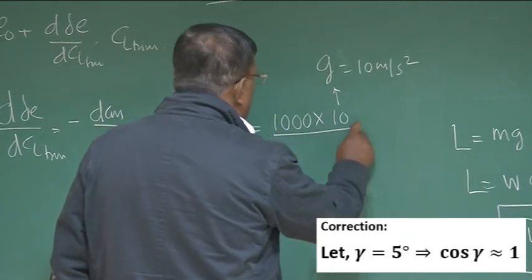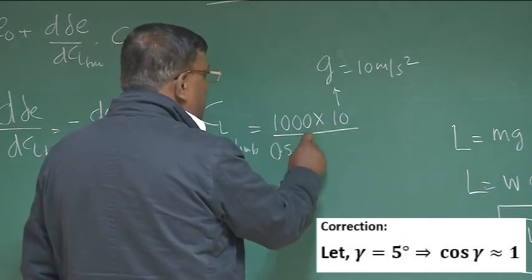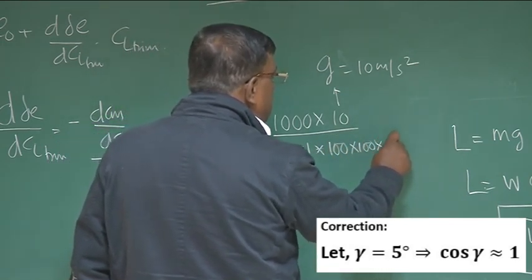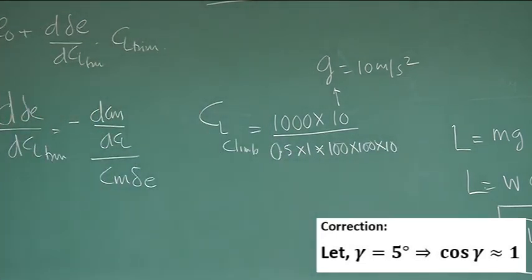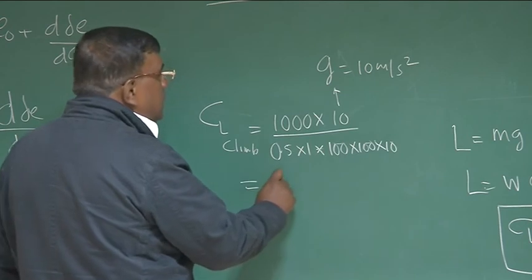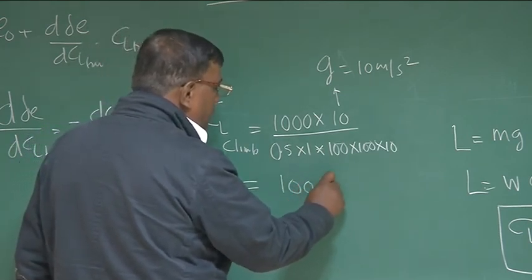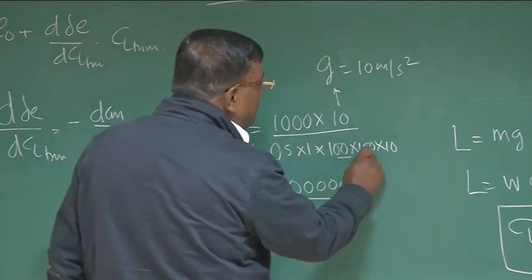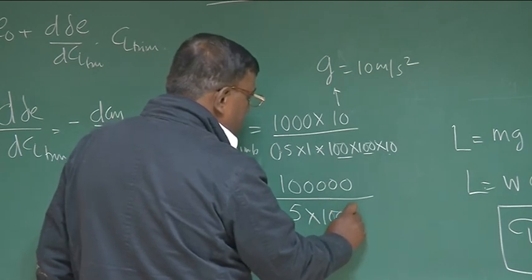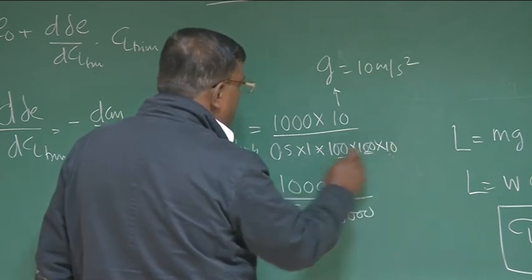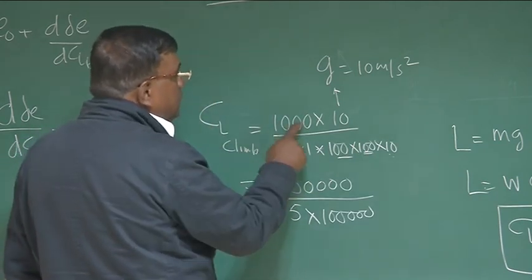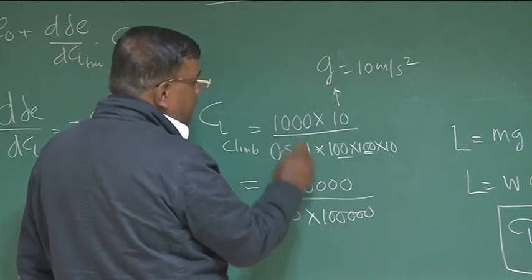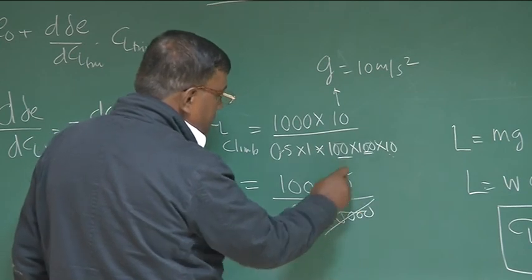So W, then half is 0.5 into rho is 1 into V is 100 square, 100 into 100, and into 10. 10 is your area. So how much does it come down to? The 0.5 becomes 5 in the denominator, and here also 5, so this gets cancelled.